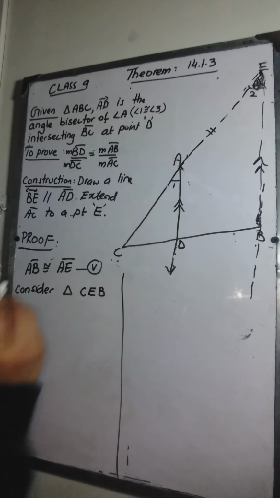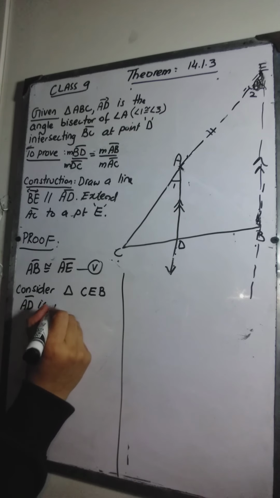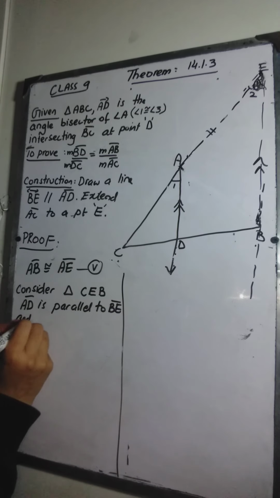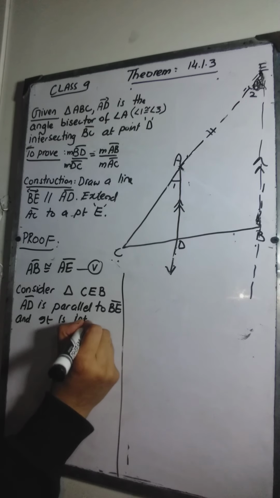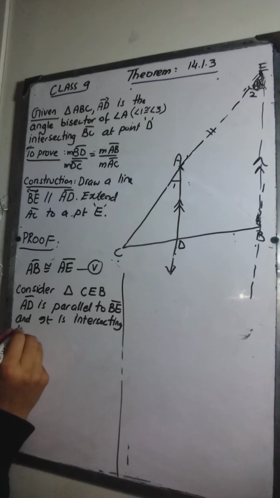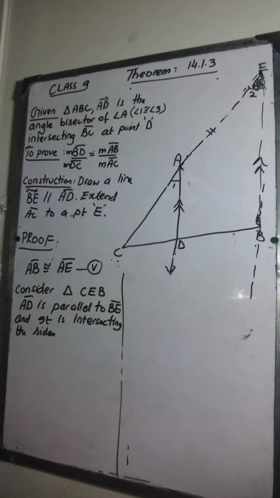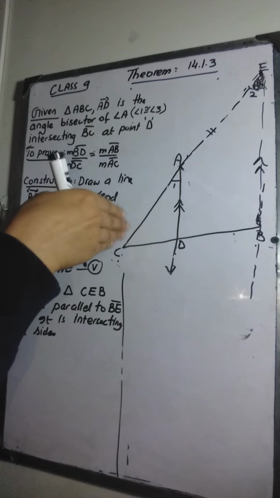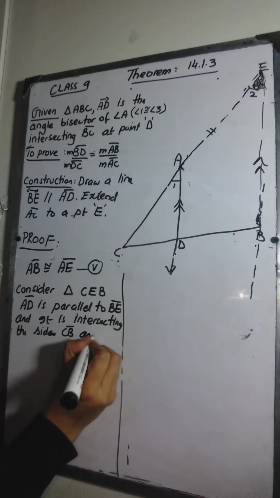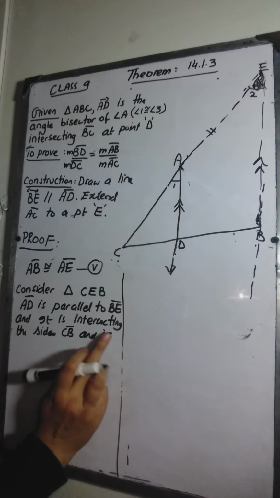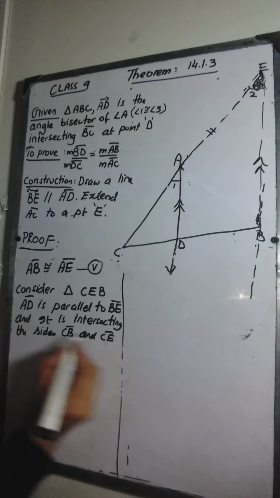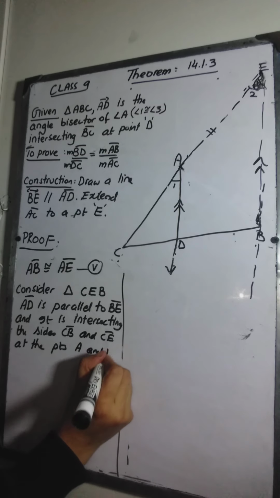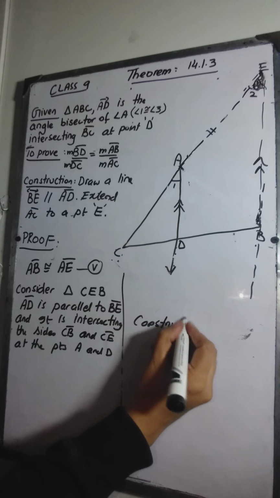AD is parallel to BE and it is intersecting the sides CB and CE at the points A and D. Okay, this is what we did in construction and we can easily see it from the figure.